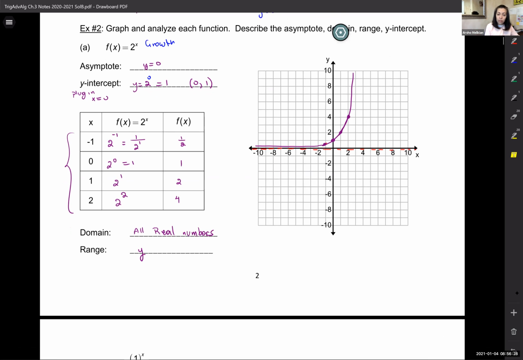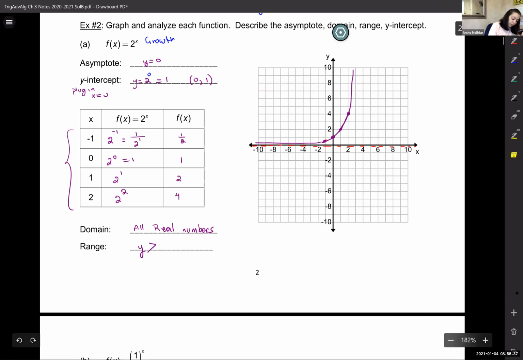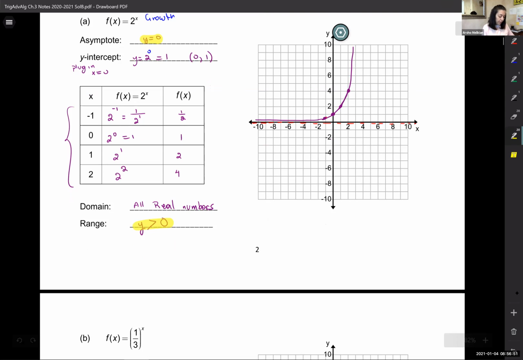The asymptote was y equals 0, right? So now look at your graph. Does it sit above or below the asymptote? Above the asymptote means greater than 0. All right? You see how the asymptote and this are very similar, right? The value must be the same.